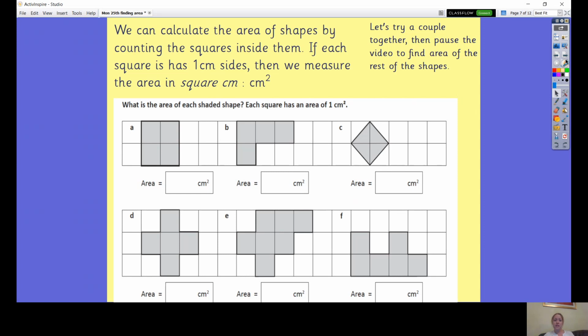So if each square has 1 centimetre sides, then we measure the area in square centimetres, okay? And we write centimetre squared or square centimetres like this. We have cm, which stands for centimetres, and then the little 2 up in the air like that stands for squared, okay?